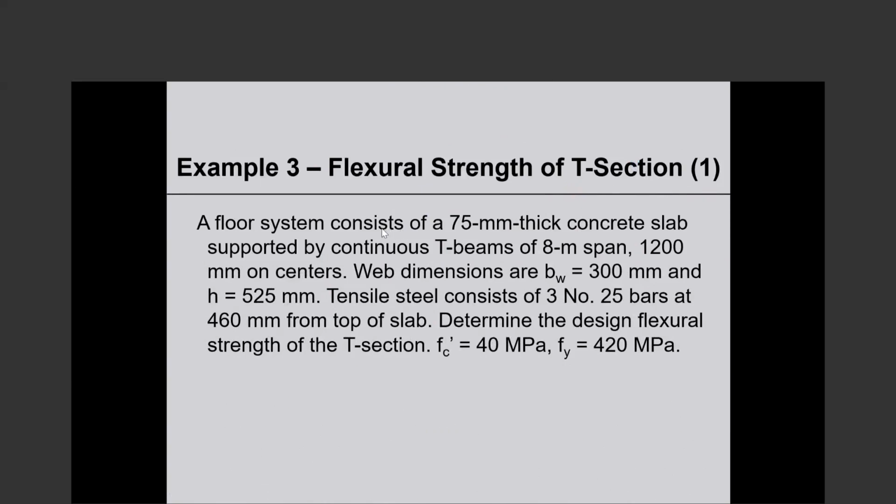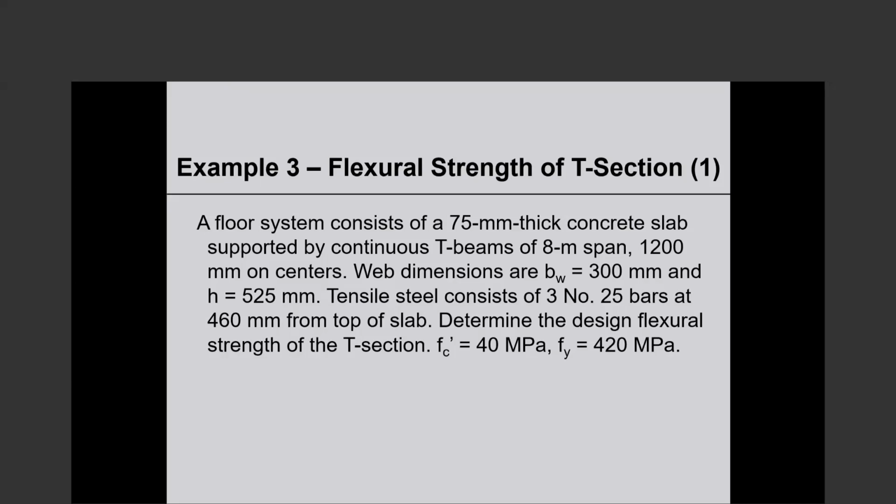A floor system consists of a 75 millimeter thick concrete slab supported by continuous T-beams of 8 meter span. Okay, so the slab thickness is 75 millimeters, and the beams, the T-beams, have a span of 8 meters. The beams are 1200 millimeters on center. Okay, so center to center distance between neighboring T-beams is 1200 millimeters.